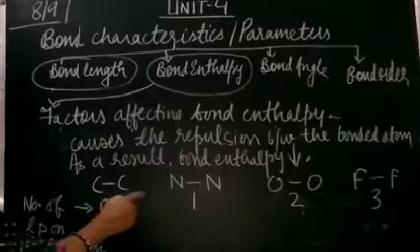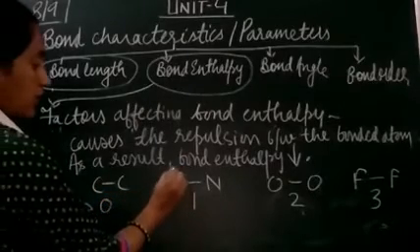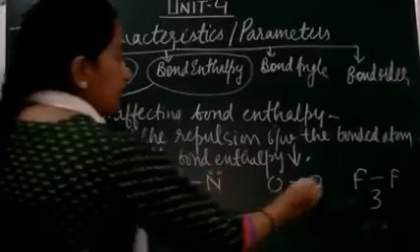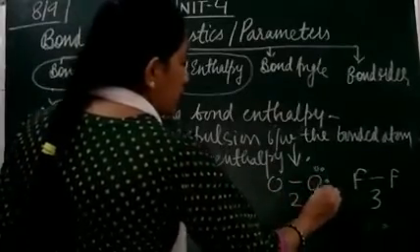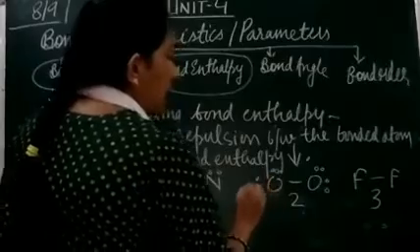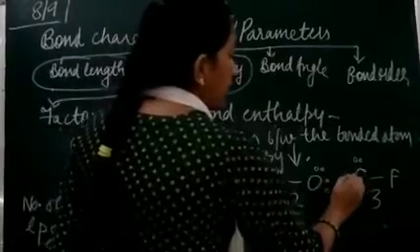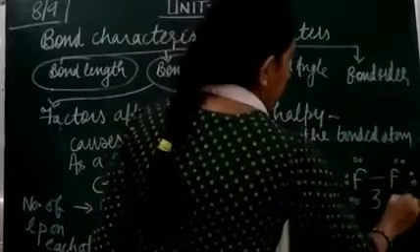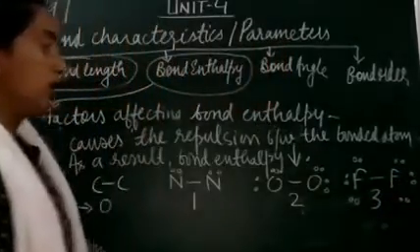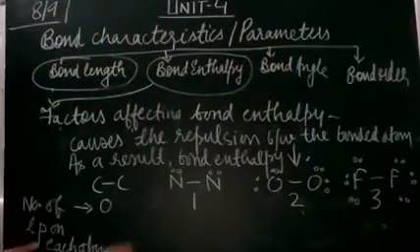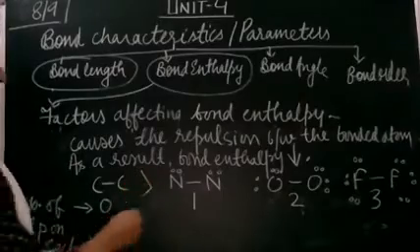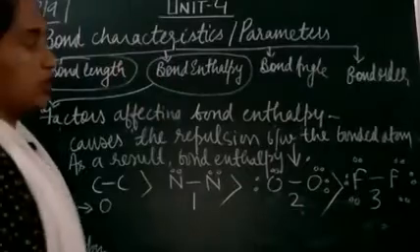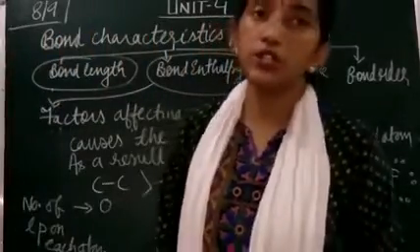When you draw the Lewis structure, you will get 1 lone pair on the nitrogen atom. Similarly, you are going to get 2 lone pair on the oxygen atom, and on fluorine, a halogen, you will get 3 lone pair. So the bond enthalpy will be more for carbon, and it will be least for the fluorine molecule, right students? So you will just go through it.